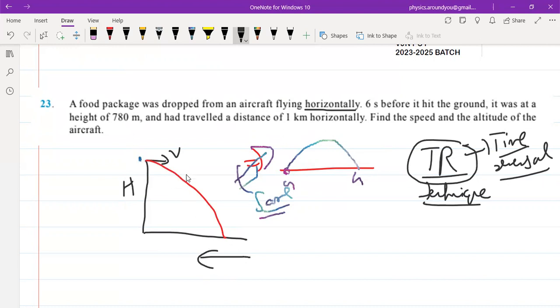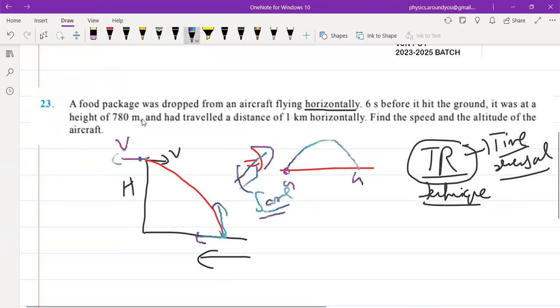Instead of this falling from a height to the ground, I will play it in the video format backwards. I can imagine it being thrown from the ground and taking its maximum height over here with the speed v.